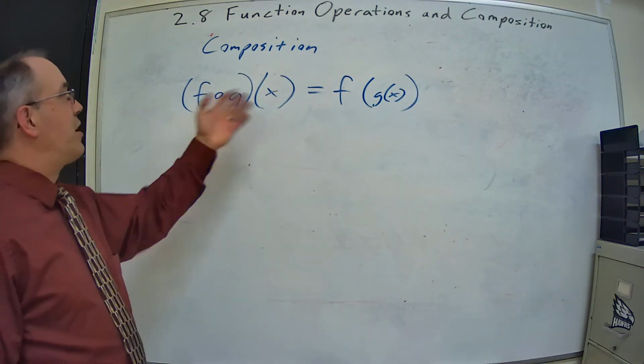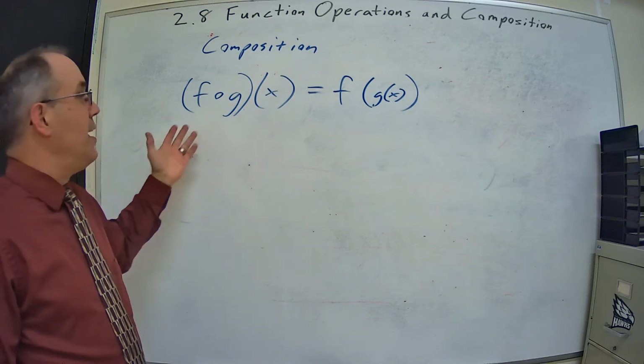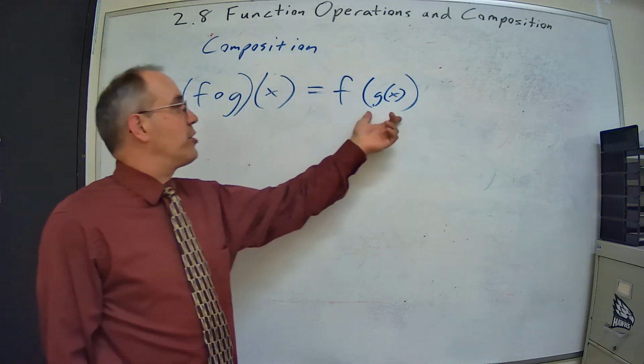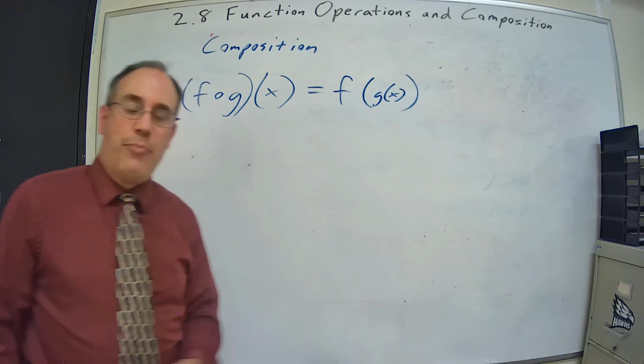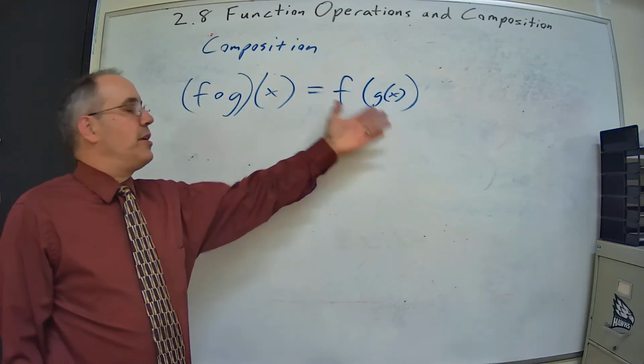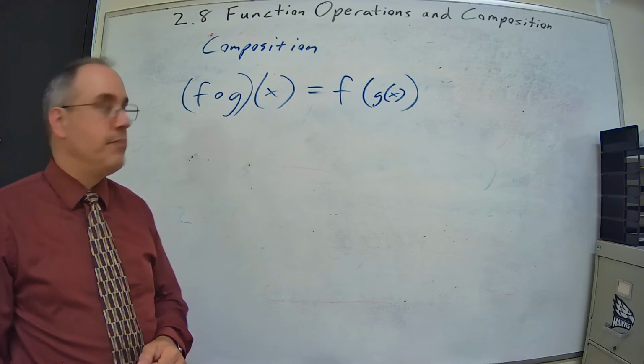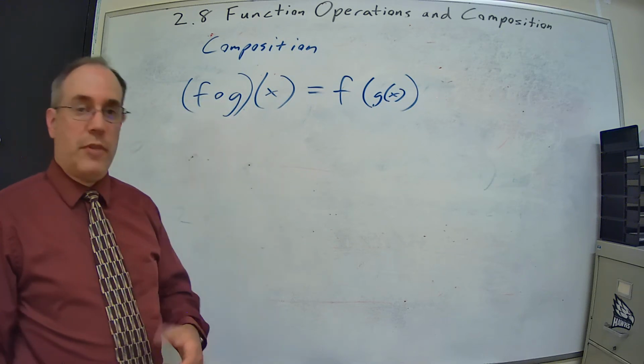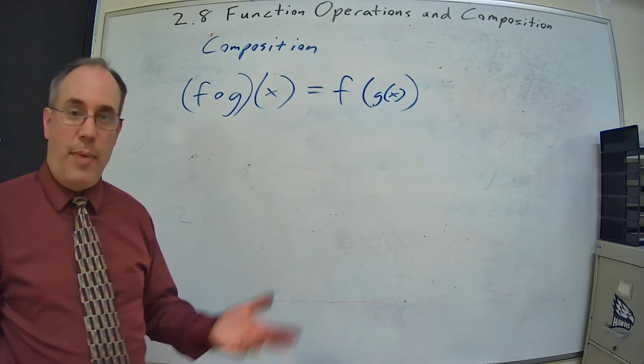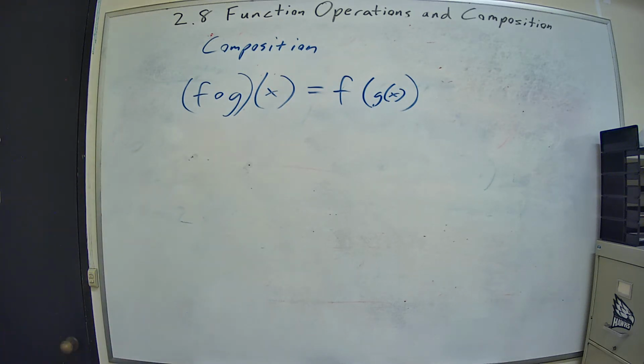So all you're doing with the composite function, with composition, is taking the one function and putting it as the input to the other function. And that's all you're doing. So not bad. Well, let me grab a couple functions to work with here.